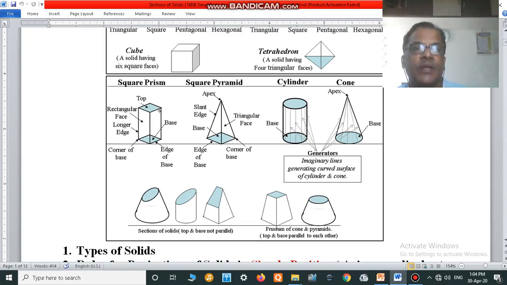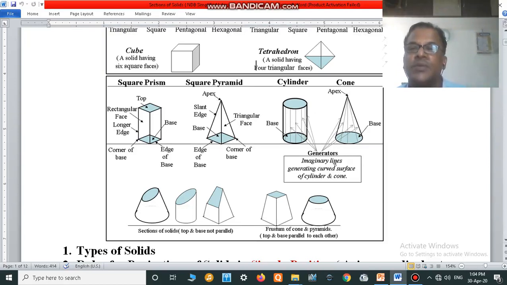In the prism there is a rectangular face, while in the pyramid there is a triangular face, which is joining the edge of the base and the apex, and this particular edge which is longer is slant or inclined here.